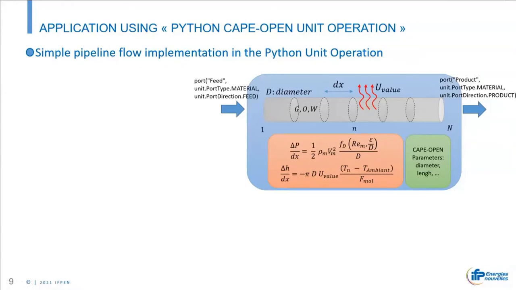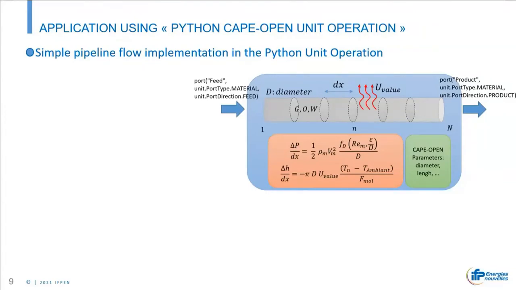It's a very easy one from the literature; you can find it everywhere. And the second one is just the variation of the enthalpy due to the heat exchange with the surroundings. We have considered a heat transfer coefficient represented by a U value to define the amount of heat exchange with the surroundings. And we have set some parameters, diameter, length, and Cape-Open parameters on this unit operation.